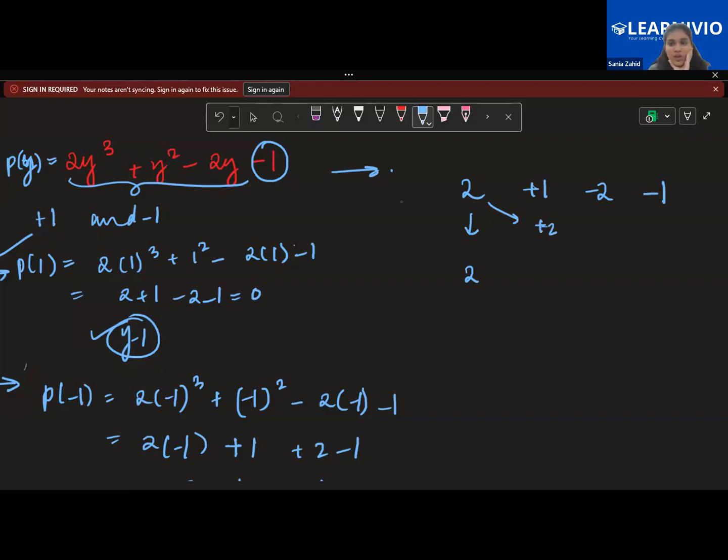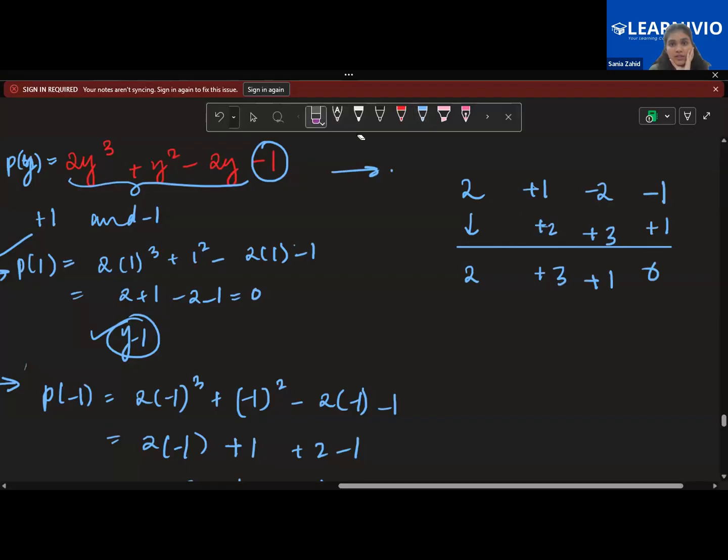So 2 plus 1 is how much? 3. So you write plus 3 over here. Minus 2 plus 3 becomes plus 1, so you write plus 1 here also. And minus 1 plus 1 is 0.